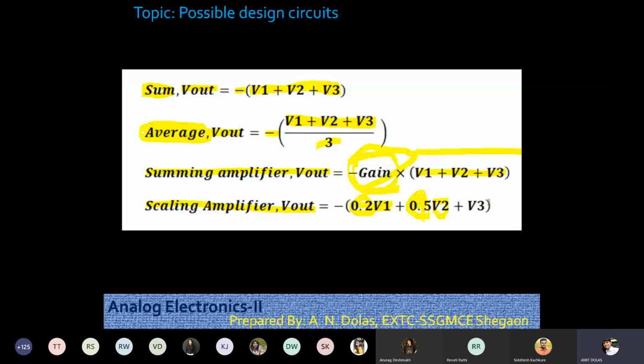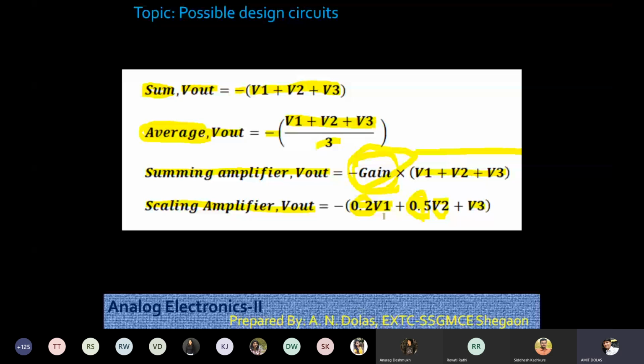Source V3 is scaled by what factor? 1. And they are added together. So scaling and adding together, and somewhere you may amplify, right? Like if you want to solve V1 plus 1.5 V2 plus 7.5 V3, this is also possible. So these are the 4 possible equations you can design circuits for.